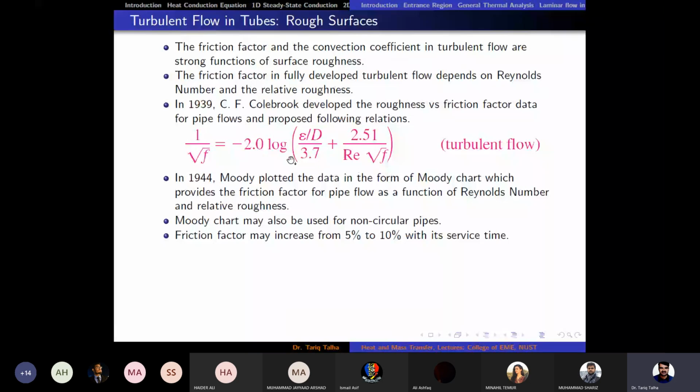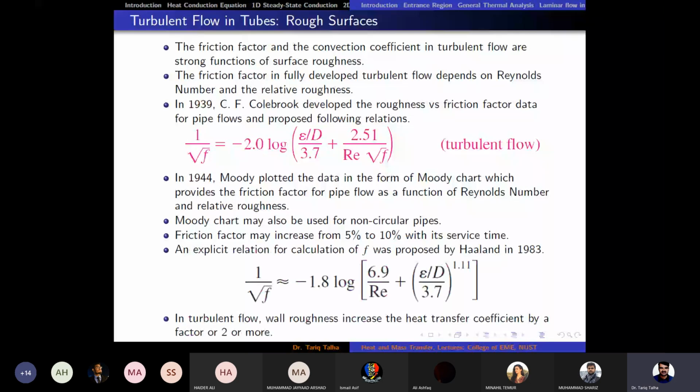Nowadays you can use scientific calculators and solve this iteratively very easily, but in 1944 or 1940, it was not possible. That's why Moody plotted this data on a graph, and then in 1983, another scientist, Haaland, gave us an explicit relation for the calculation of f.